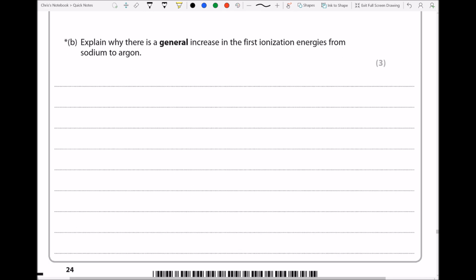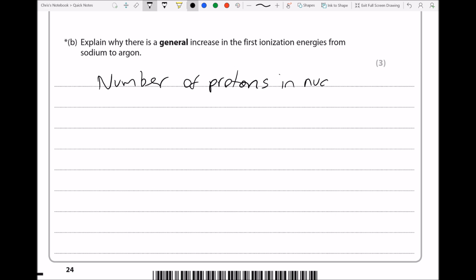So we're going to write them down on here. So the number of protons in nucleus increases. Okay, so this shielding business is really important. Okay, so same shielding.